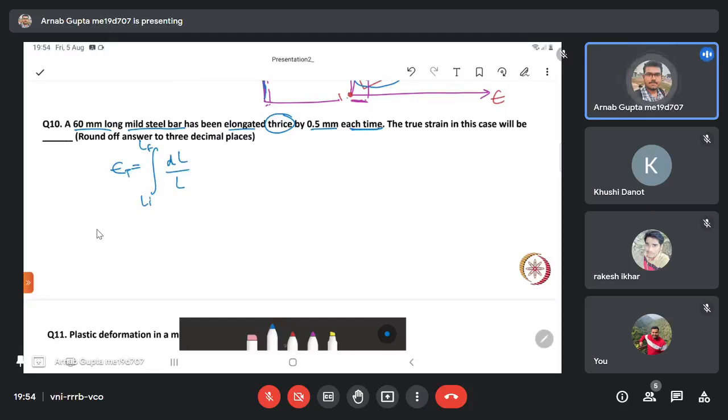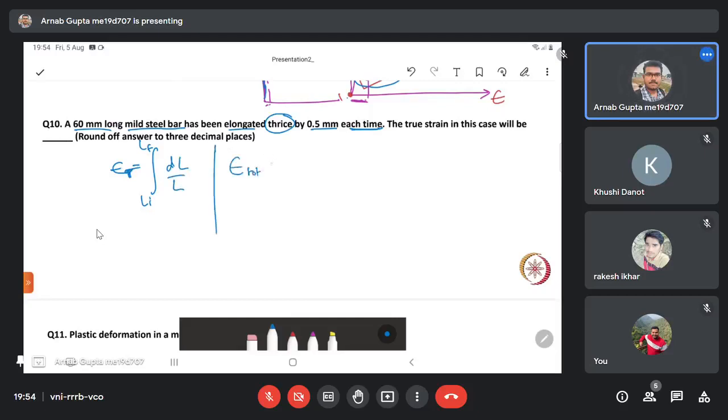This is the expression for true strain, right? In this case, you know that this L and this L is same. But suppose this L is some other function. It can be some other function, although it generally isn't. In that case, you should do this particular integration and find out what will be the value of true strain.